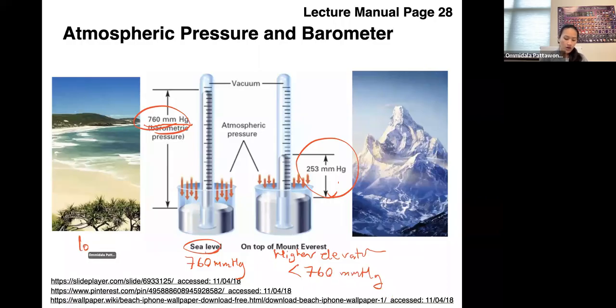If you go lower than sea level, then the atmospheric pressure is going to be greater than 760 millimeters of mercury. It just depends on the amount of gas available.